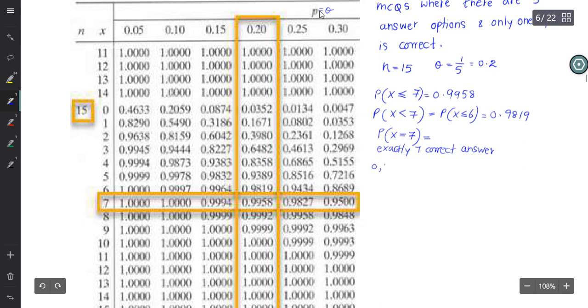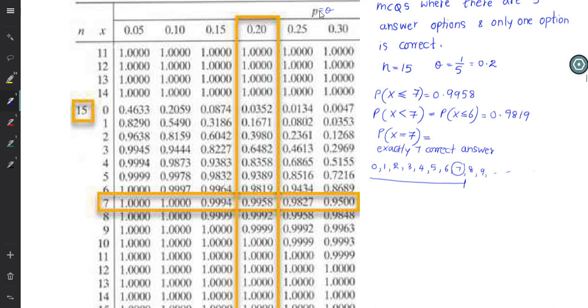So you have the possible values of x, 1, 2, 3, 4, 5, 6, 7, 8 and so on. If you want to find 7 only, when you read the table up to 7, you get the probabilities of 0 plus 1 plus 2 all the way up to 7.